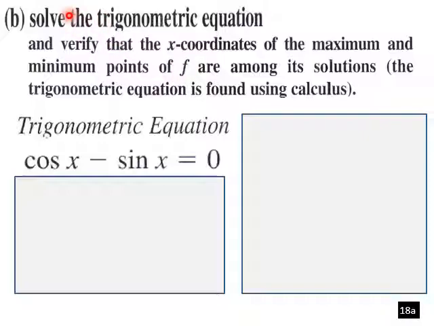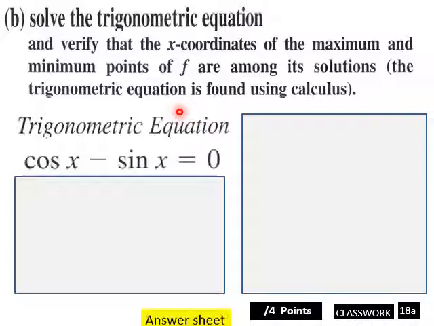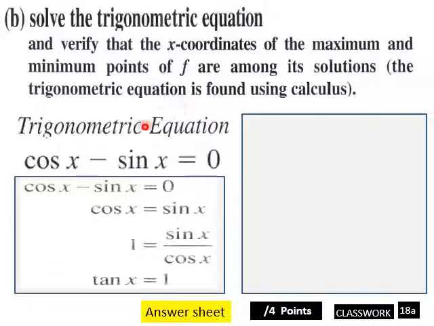Okay, so part B of this problem: solve the trigonometric equation and verify the x-coordinates of the max and min points of f are among its solutions. The trigonometric equation is found using calculus. Finding maxes and mins, as you would in calculus, you would use derivatives to do that. Here we're going to solve it using a graphing calculator.